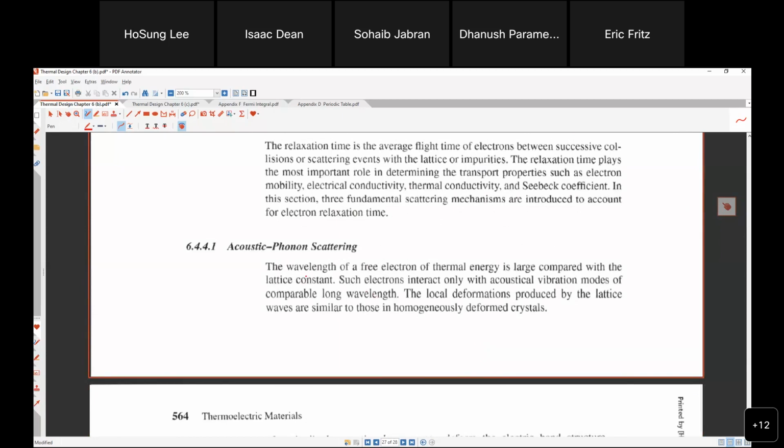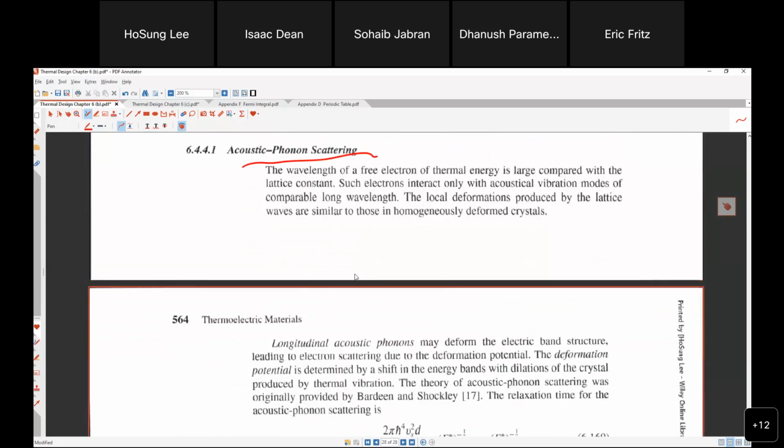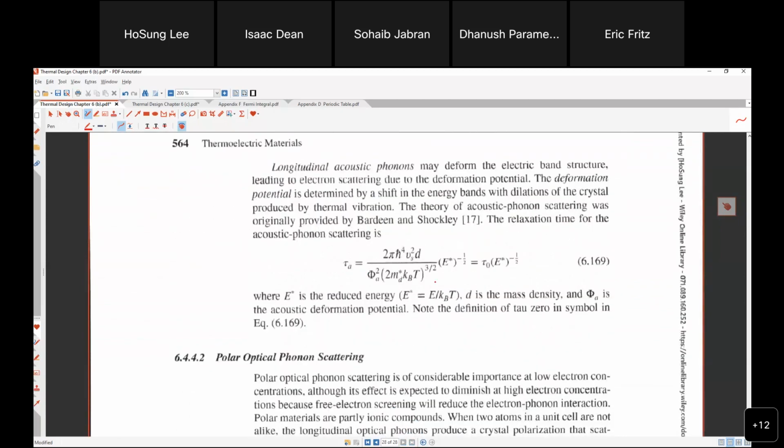So now relaxation, acoustic phonon, and there is some research, and this is the expression of a relaxation time constant. As long as you have a velocity, density, deformation potential, et cetera, and then acoustic is energy to the power of minus a half.